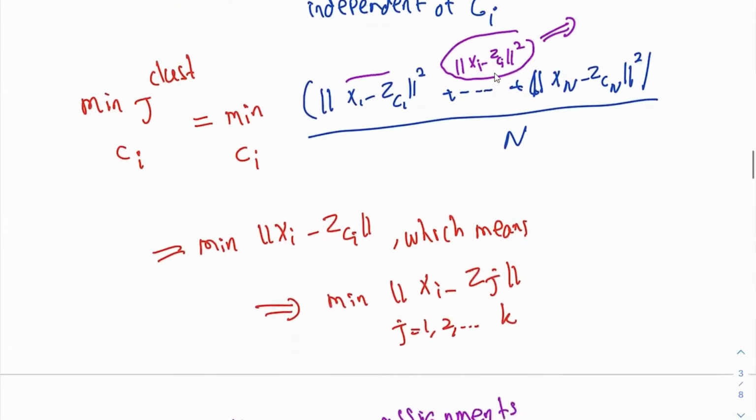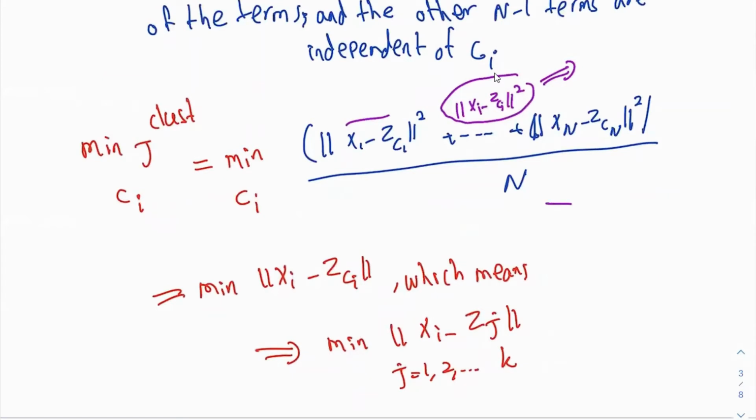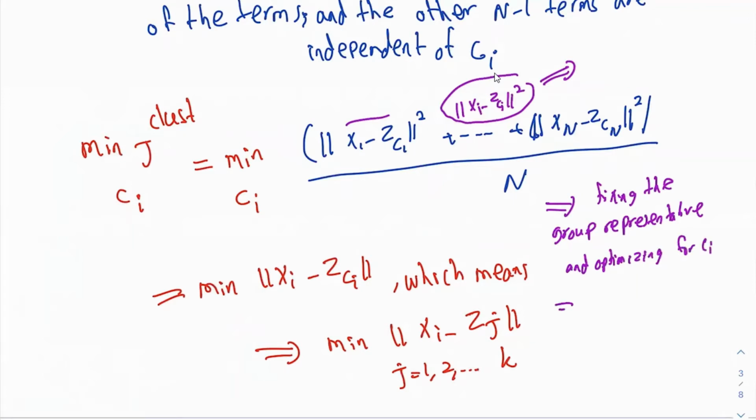Okay, so let's write this down. Fixing the group representative and optimizing for ci is equal to assigning each data point xi to the nearest group representative.